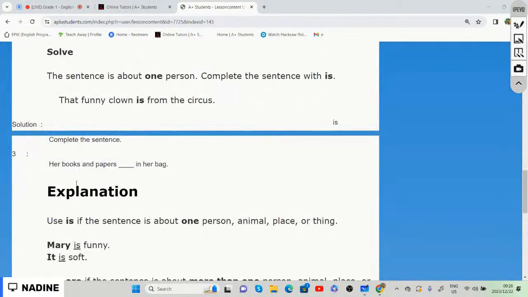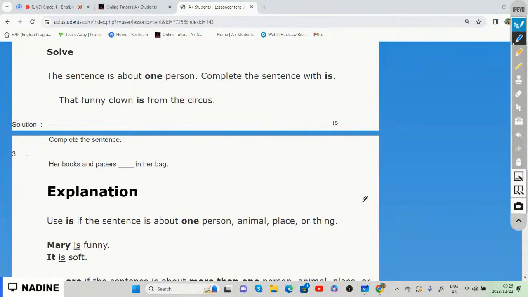And then lastly, we once again need to use is, are, or am.